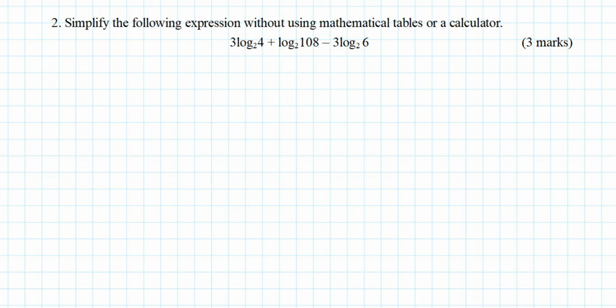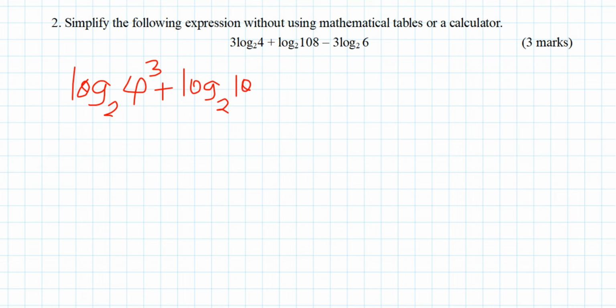So similarly, using the three laws that we identified, we rewrite this as the log to the base 2 of 4 to power 3, plus the log to the base 2 of 108, and then we take away the log to the base 2 of 6 to power 3.